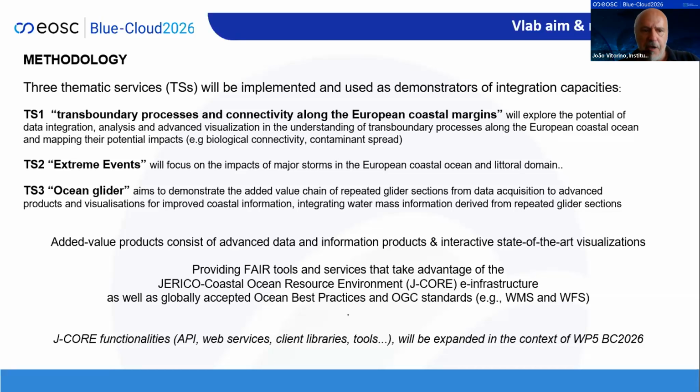In all these aspects, we are focusing on added-value products that consist of advanced data and information products and interactive state-of-the-art visualization, providing FAIR tools and services that will take advantage of the JERICO-RI environment, in this case the JERICO Coastal Ocean Resource Environment, the infrastructure being developed in JERICO-RI.